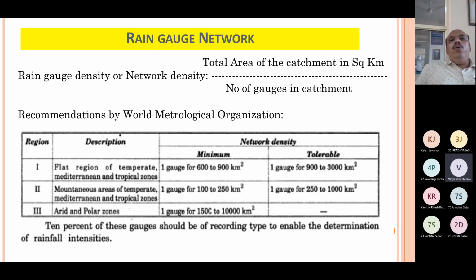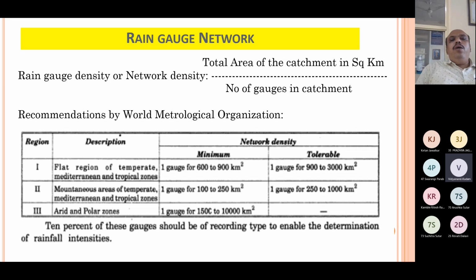What is it? It is the ratio of total area of the catchment in square kilometer to the number of rain gauge stations in the catchment. Suppose the total area of the catchment is 100 square kilometer and the number of gauges in the catchment is 2. Then the network density is 1 gauge for 50 square kilometer. This is how the network density or rain gauge density is worked out.